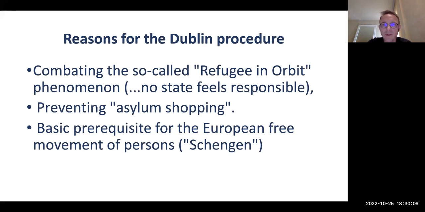So persons should go back and do the asylum procedure in the country which would be the first country for them to ask asylum for and receive protection.